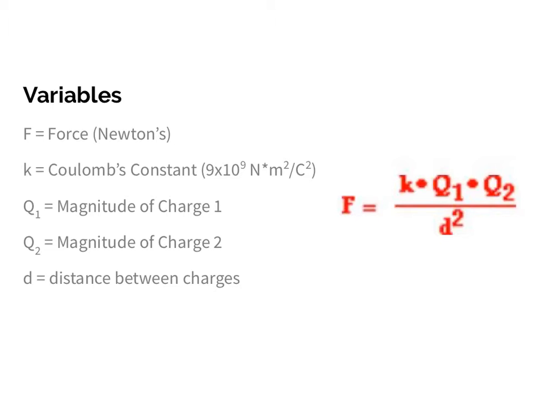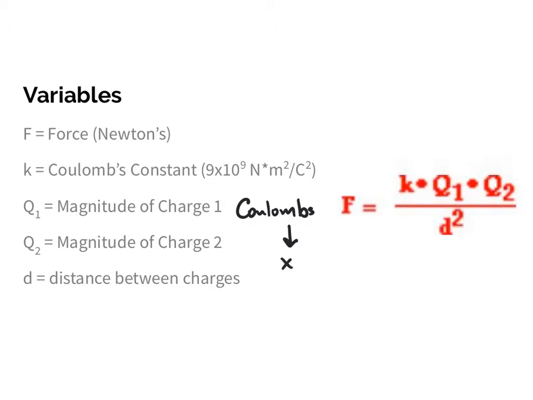More in terms of the variables, F obviously is representing the force, which we're going to measure in newtons. Q1 and Q2 represent the charges on each object, and we're looking at the magnitude of the charge. Remember, when we talk about the magnitude of the charge, we're talking about this in terms of coulombs. Because charge is the number of excess electrons something has or lack of, know that we might see these as smaller numbers.